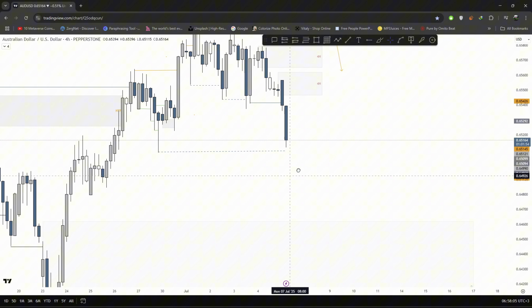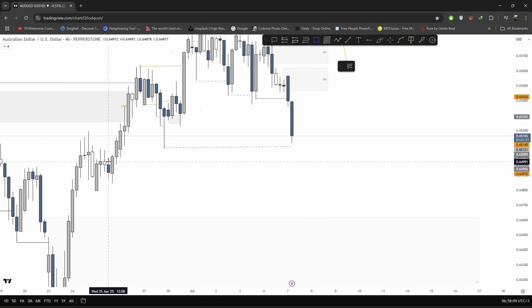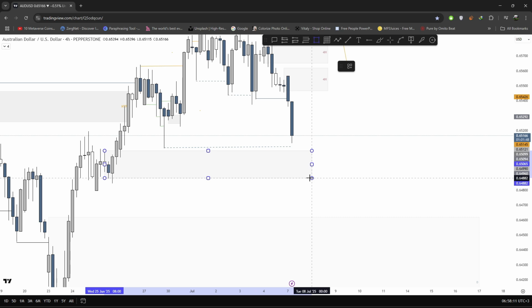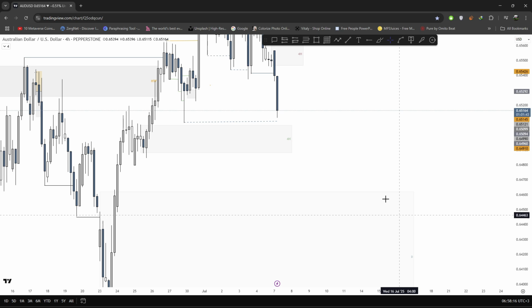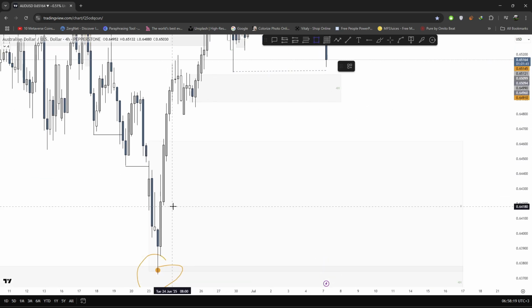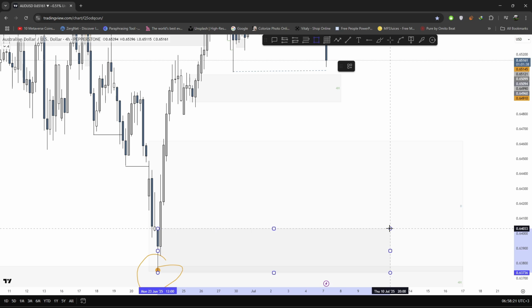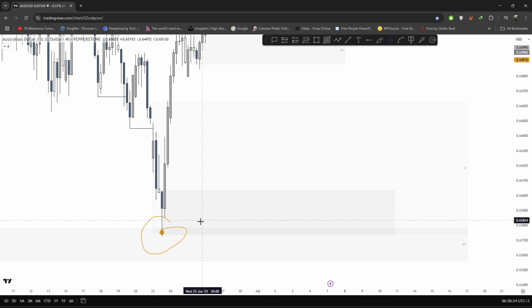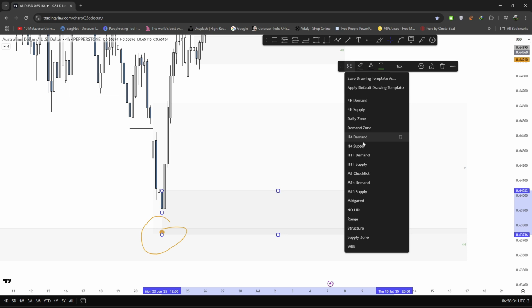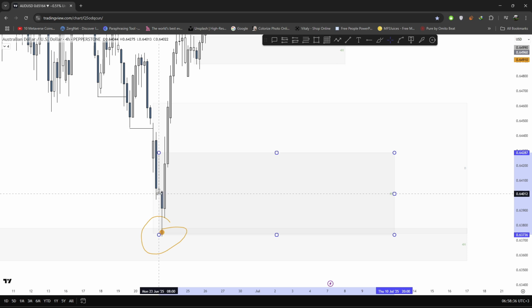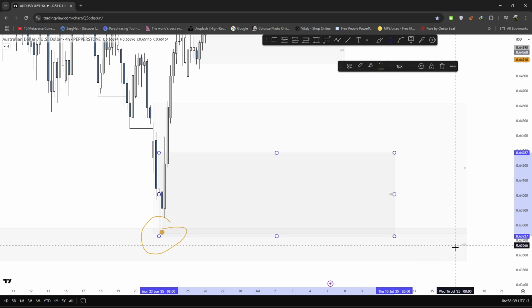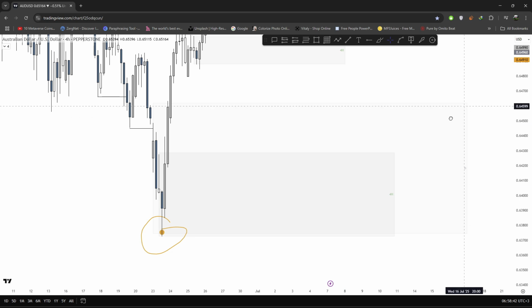Yeah, unmitigated zones right there. We also have this beautiful demand right there, which is what we'd be looking for price to sort of react off of. We do have that area there. Big zone there. So we have that entire zone, but we can refine it as we continue.